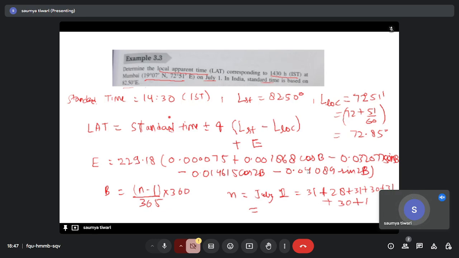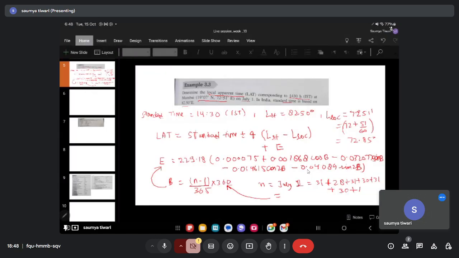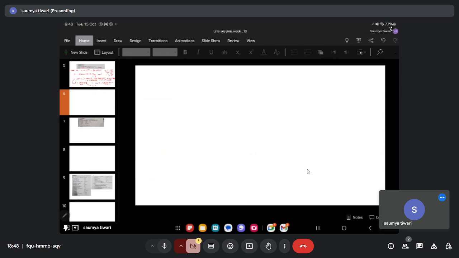And for this n, we'll calculate B, and this B value we will put in the E equation to get the value of E. So if you put all these values, you'll get the E value to be minus 3.5 minutes.